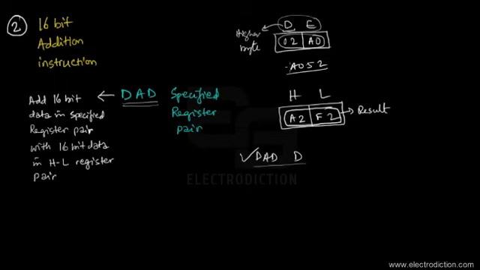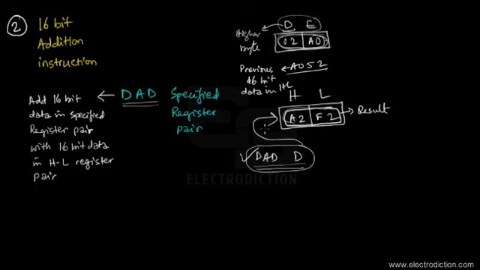So this was the previous 16-bit data in the HL register pair, and this was the 16-bit data in register DE. After this instruction gets executed by the 8085, the 16-bit result of the addition of these two 16-bit numbers also gets stored in the HL register pair itself.